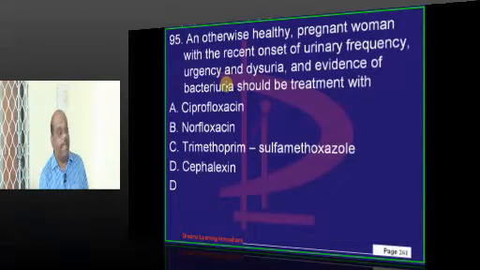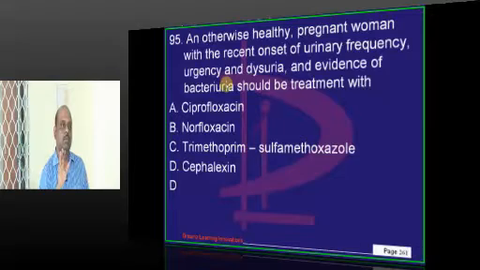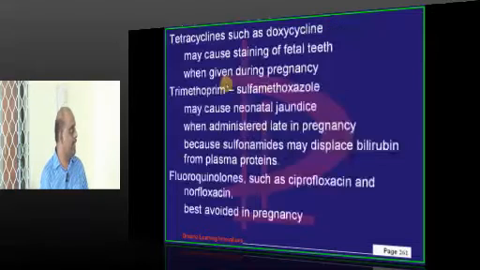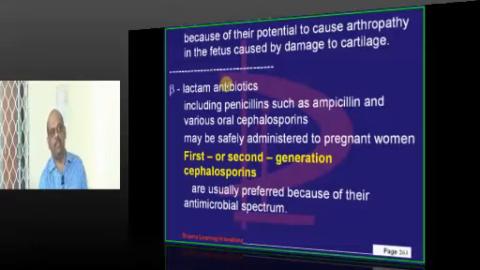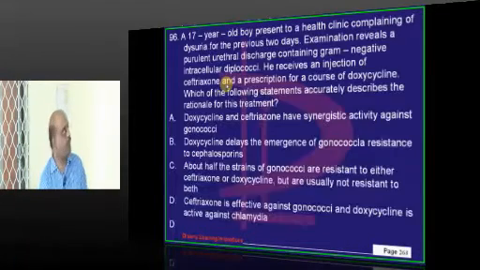Now, a healthy pregnant woman with UTI, which is the easy, safe, best drug in pregnancy, doctor? It is the cephalosporins, preferably first or second generation cephalosporins, which are safe in the case of pregnancy, is what needs to be remembered.